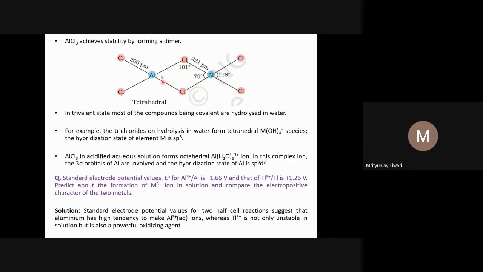This structure is also tetrahedral, although not a perfect tetrahedral. Why not perfect? Because in a perfect tetrahedral all the angles have the same value, around 109 degrees. However, here this angle is 79 degrees and this angle is 118 degrees, so it is not perfect, although it is a tetrahedral structure.